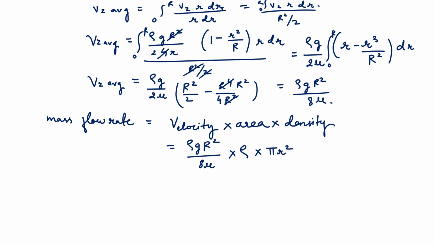This we get, rho square g R square into R square upon 8 mu. That gives me rho square g R to the power 4 into pi upon 8 mu.